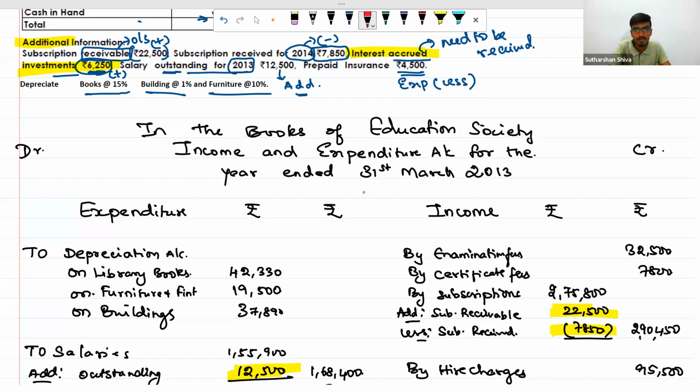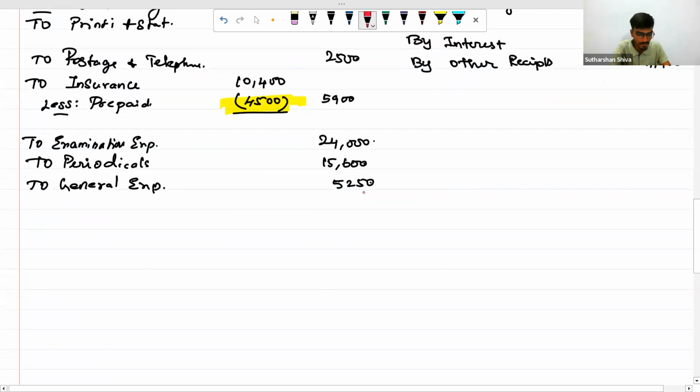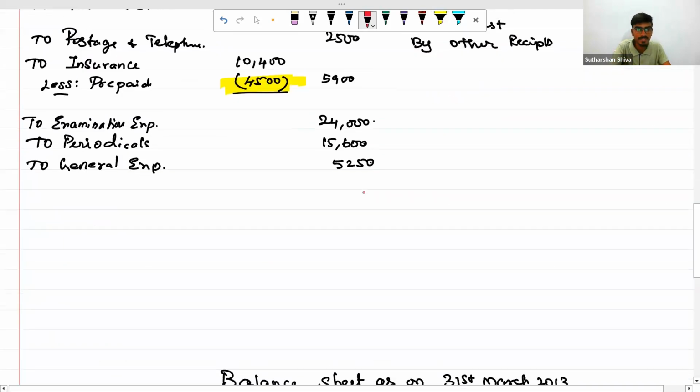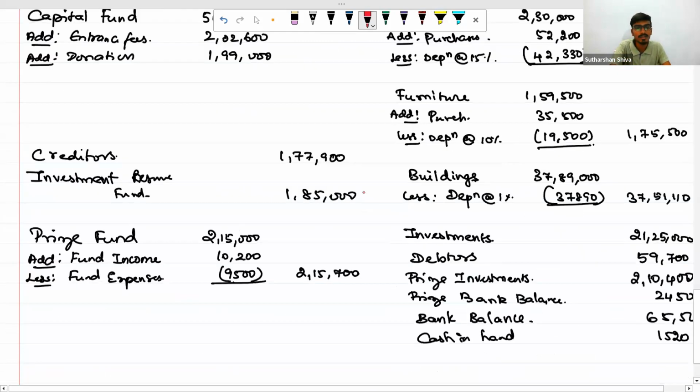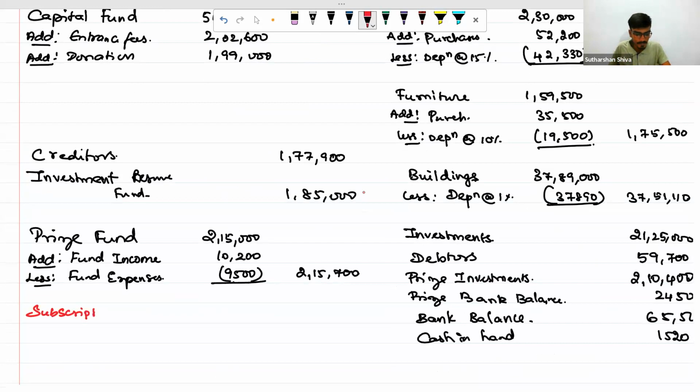What I'm going to do? There is something outstanding which I have received in advance, correct? So I will write subscription received in advance, 7,850.